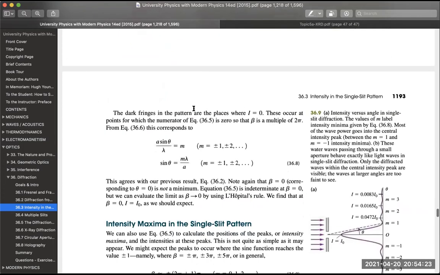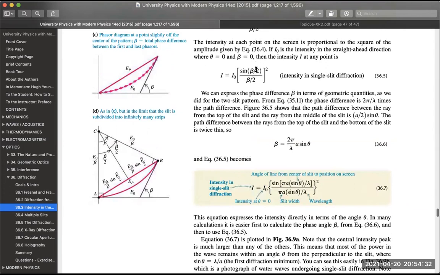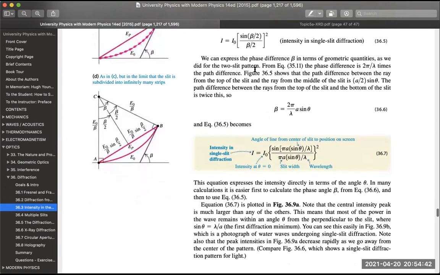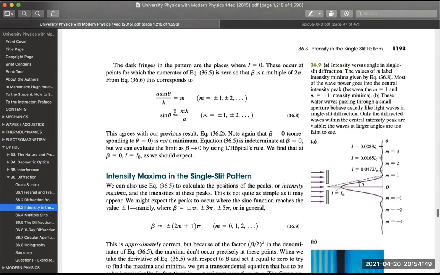All right. If beta is a multiple of 2 pi, then we're talking about the sine of a multiple of pi, which is 0. So those are the zeros. So beta needs to be a multiple of 2 pi. And we're back to the same result we had from geometry.